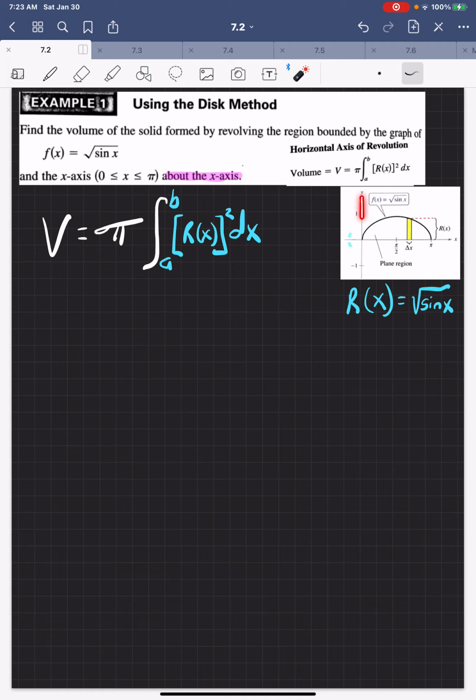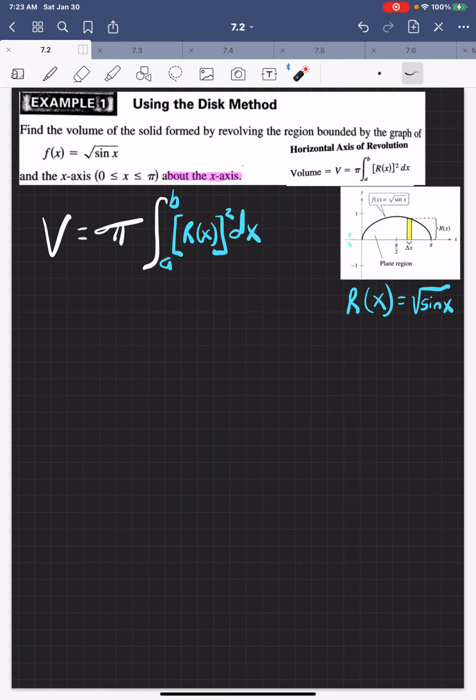You can imagine there's a vertical line here at 0. There's a vertical line here at pi, and you're rotating about the x-axis. So see how I've, for lack of a better word, boxed in, I've trapped in this curve so that it's bounded and I can find the volume. Okay, without that, I might end up with an infinite volume.